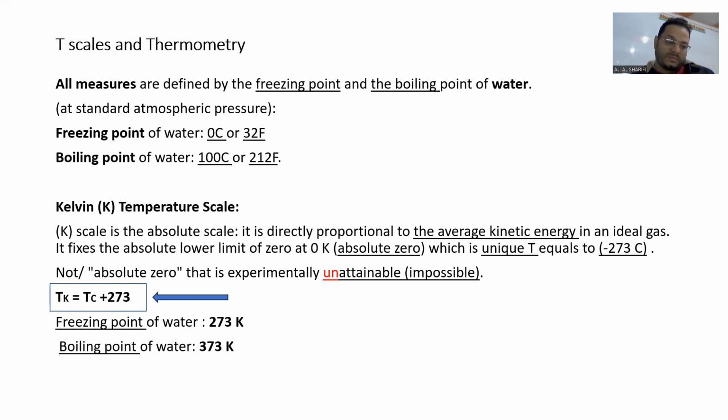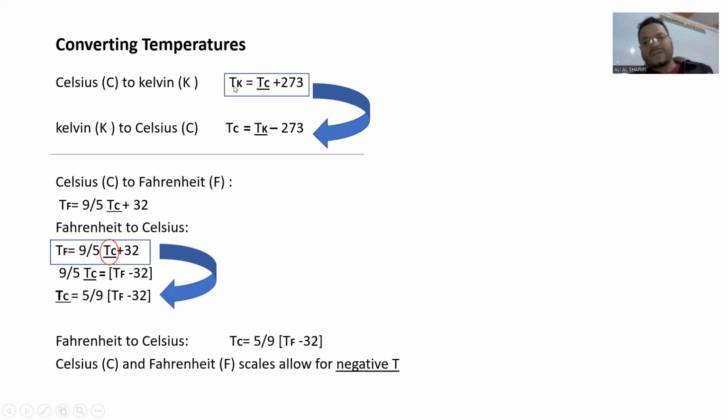By that, in Kelvin it will be 273. Here, we can convert this function to Celsius. The temperature in Celsius equals T in Kelvin minus 273.